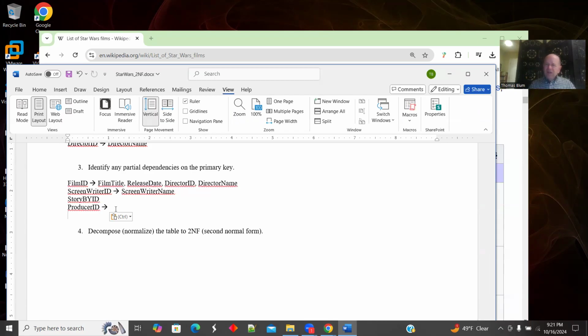So when we decompose in this case, what I want to suggest that we do is not have a screenwriter entity and a story by entity and a producer entity, but to have a person entity.